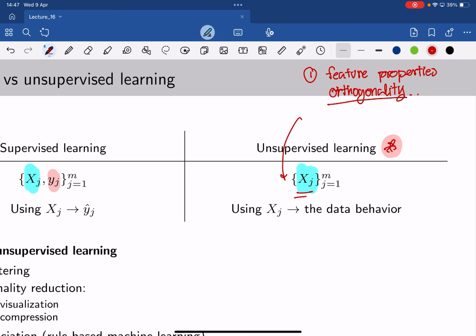The clustering that we learned last week wasn't exactly about orthogonality, but about correlation of features. Actually, orthogonality and correlation are somewhat related. If the input features are orthogonal, they are uncorrelated.